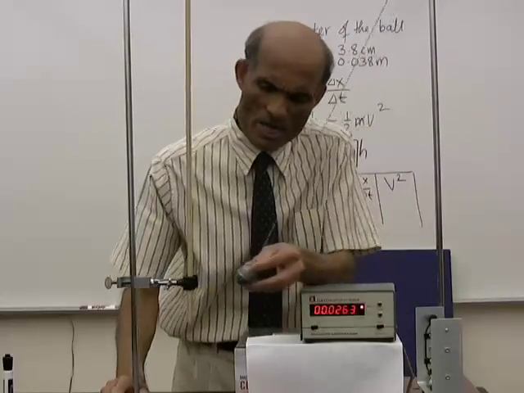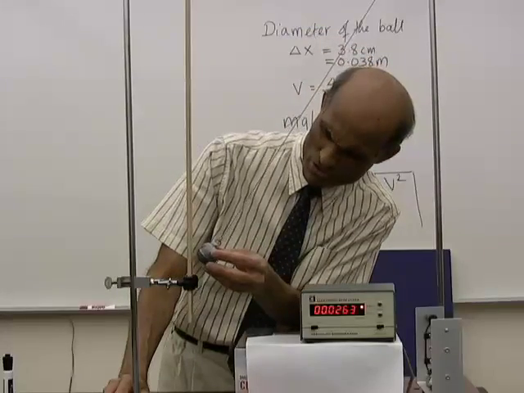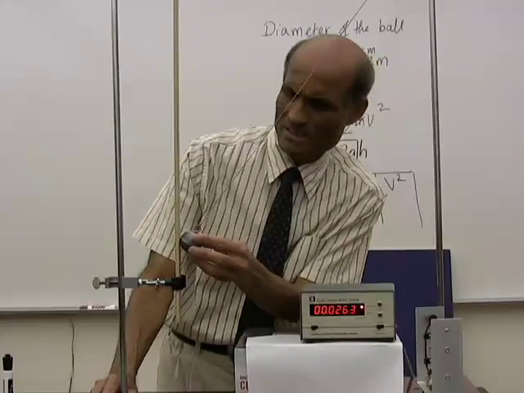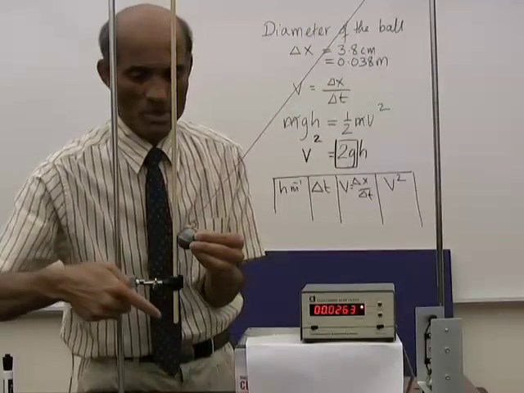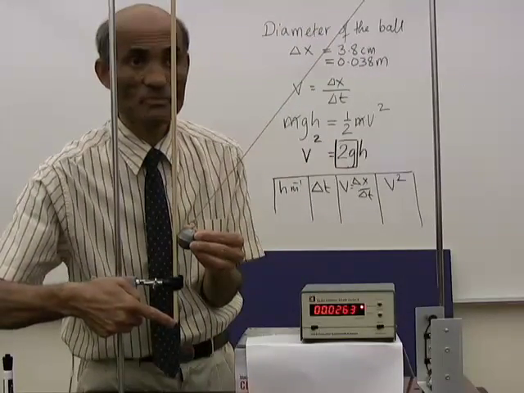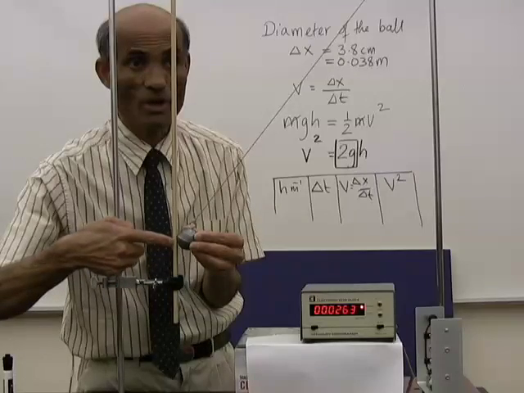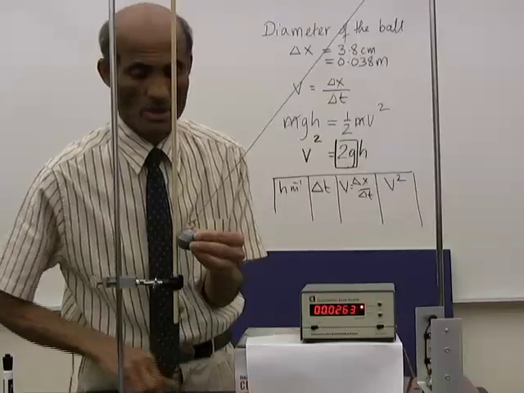Okay. And now I'm going to raise the ball to a new height. I want you to measure that height. Okay, this is the new height. That means you need to measure the distance from this point to this point over here where I'm pointing.